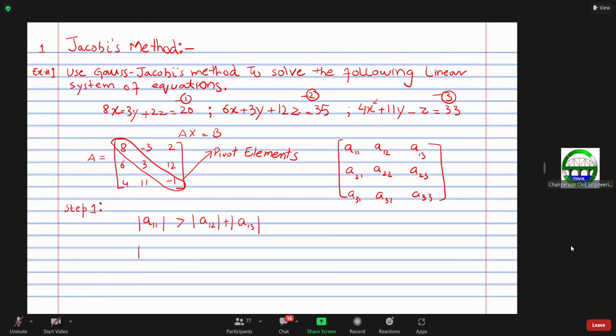What is the second condition? The magnitude of A22 should be greater than the magnitude of A21 plus the magnitude of A23. And A33 should be greater than the magnitude of A31 plus A32.